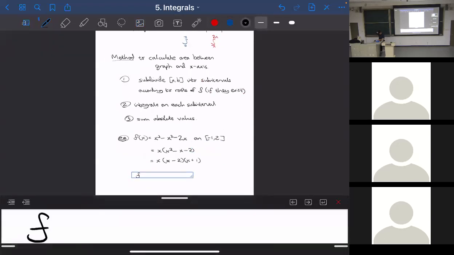So f prime of x is 3x squared minus 2x minus 2, so that's maybe not so helpful.